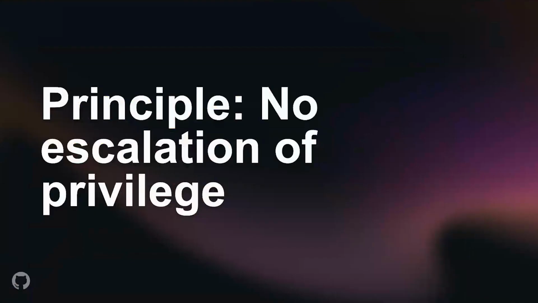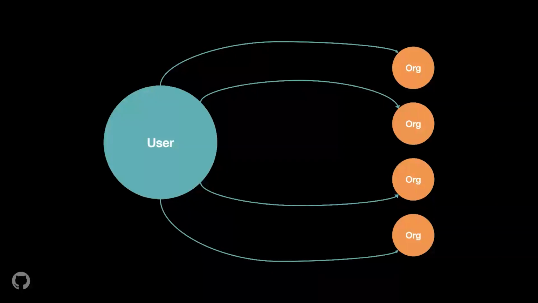So let's talk quickly about an important design principle with everything we're doing with GitHub apps, which is that there is no escalation of privilege. So what does that mean in practice? Here's a quick worked example. Imagine we have a user who happens to have access to 4 organizations on GitHub.